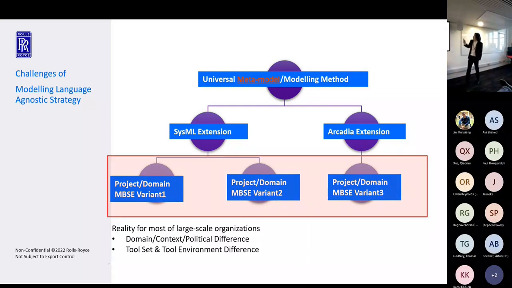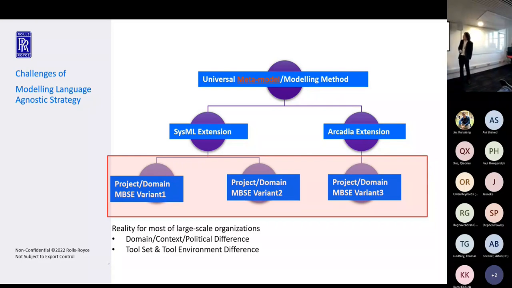I think some of the issues we find reflect the reality of most large-scale organizations. It's not only us developing our own domain-specific or project-specific modeling standard or language, for several reasons. Domain or context is different. Even sometimes we have political differences, because some people making that decision think, I just like that tool, or I just like that language.